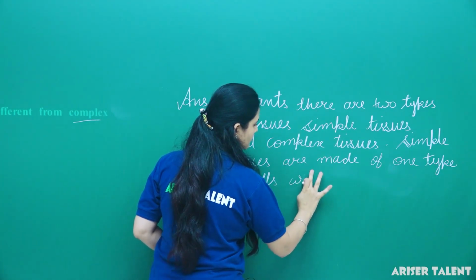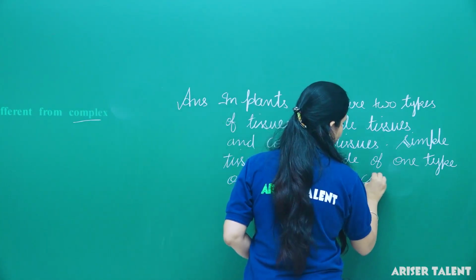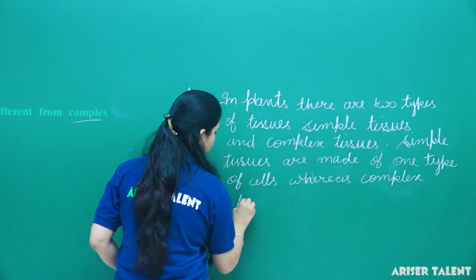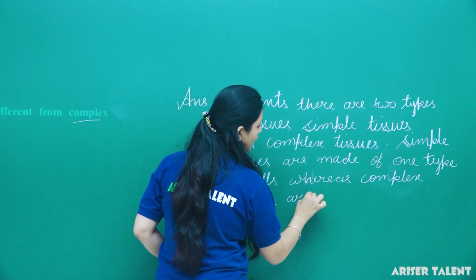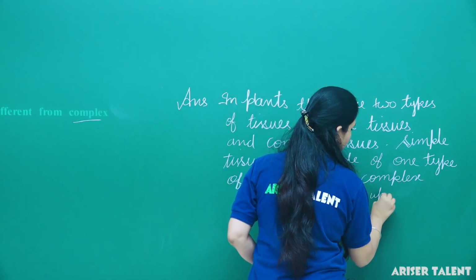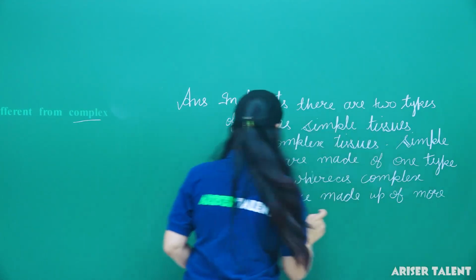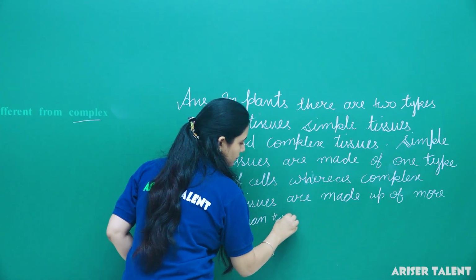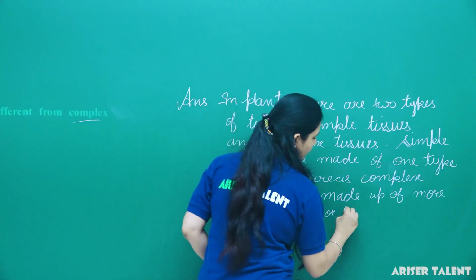Whereas complex tissues are made of more than one type, or we can say different type.